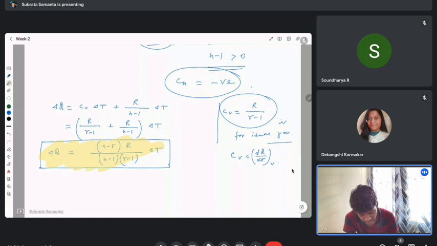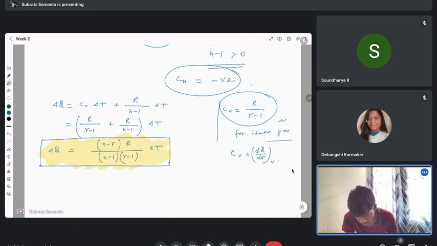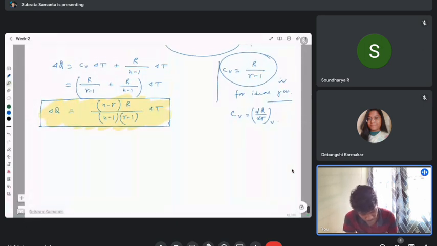So this is the change in the heat for a polytropic process.